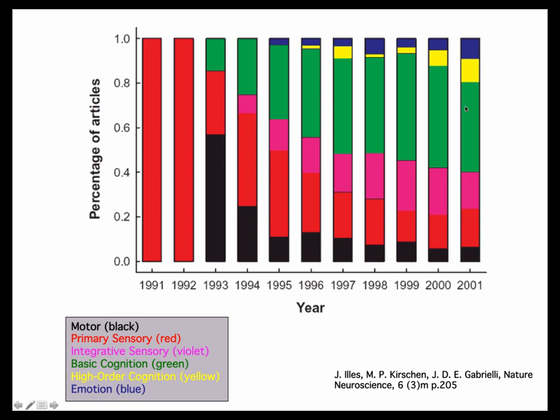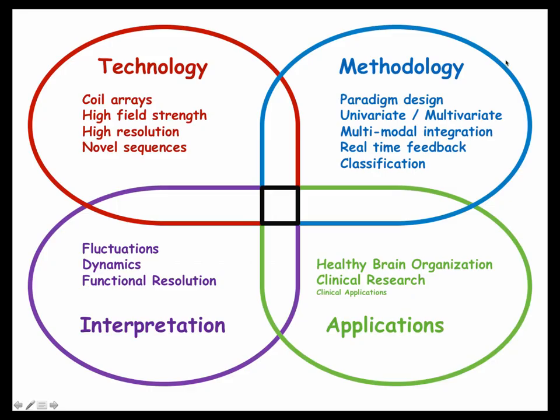So now, by 2001, and even more so now, it's used for almost everything, from looking at emotion. We have a whole program here in NIMH that looks at emotion. Most of the people who do that sort of research, emotional disorders, use imaging, cognition, all kinds of things. So it's become completely disseminated as far as that's concerned.